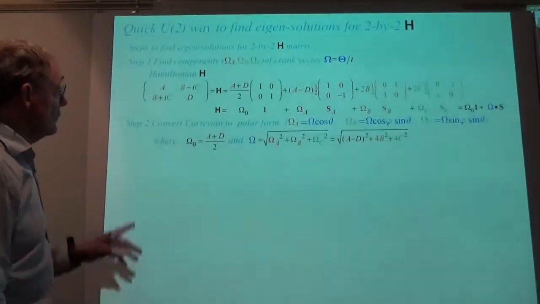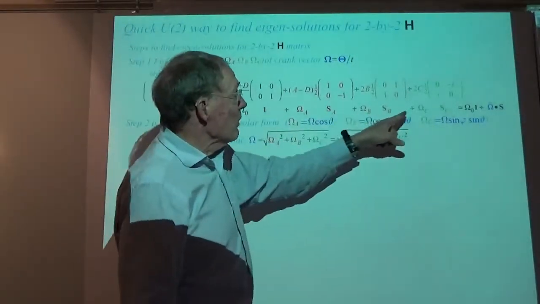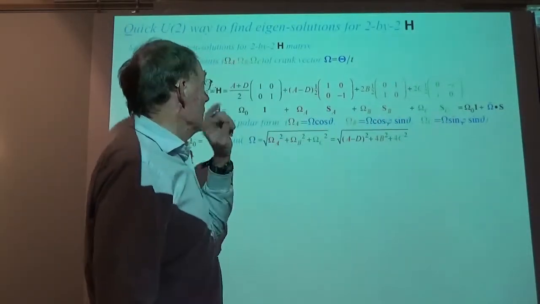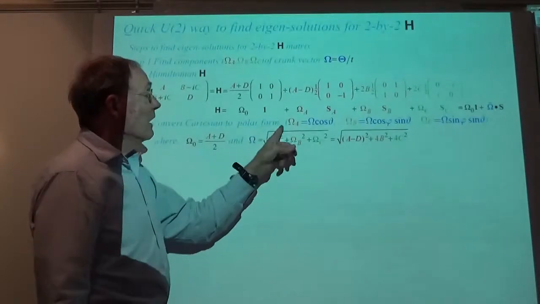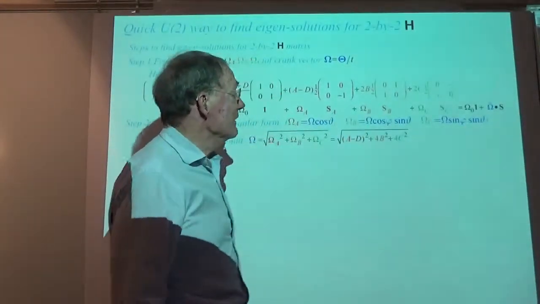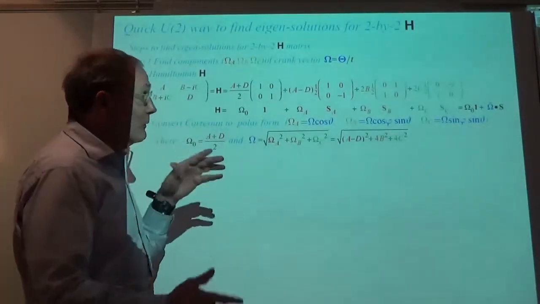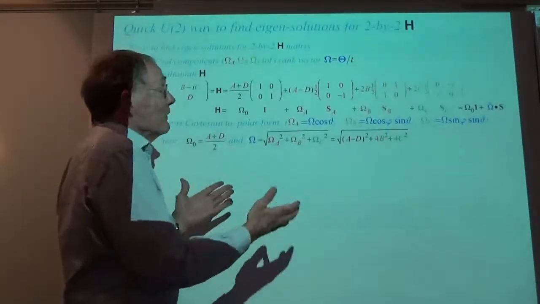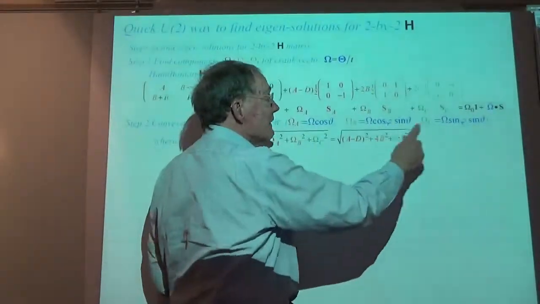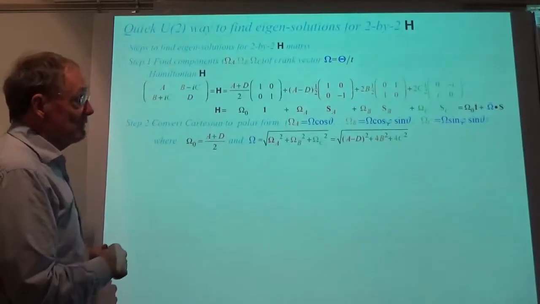So step 2 is to convert the Cartesian coordinates, this is the main thing we have to worry about, into polar coordinates. Once we do that, we really would also like to know about the radius omega, which will be the active part of our eigenvalue.